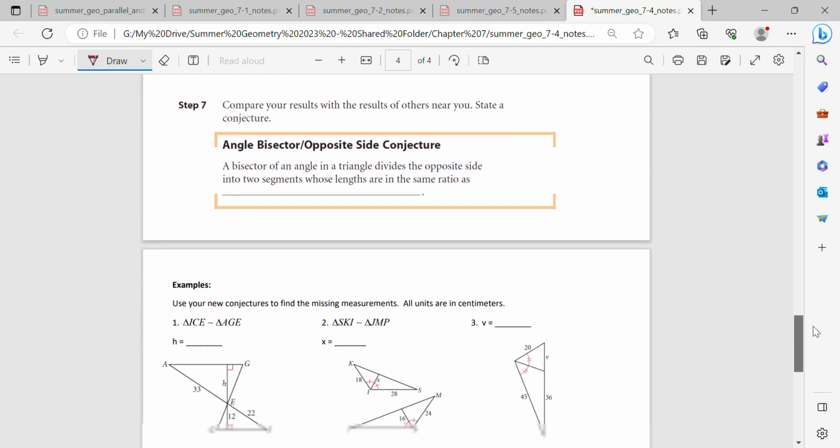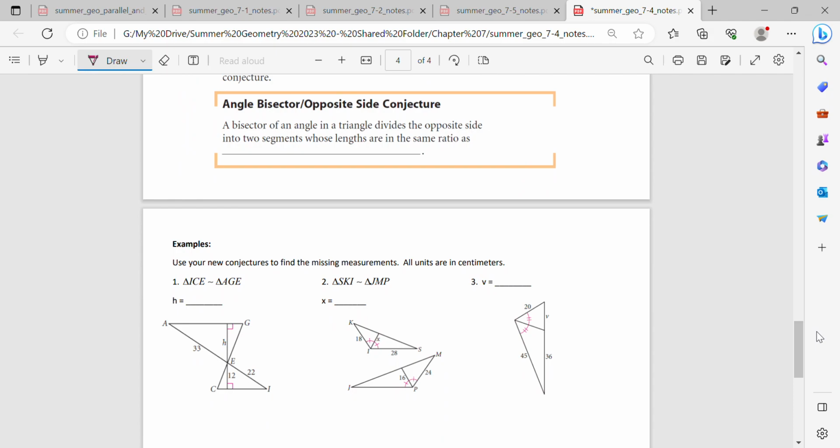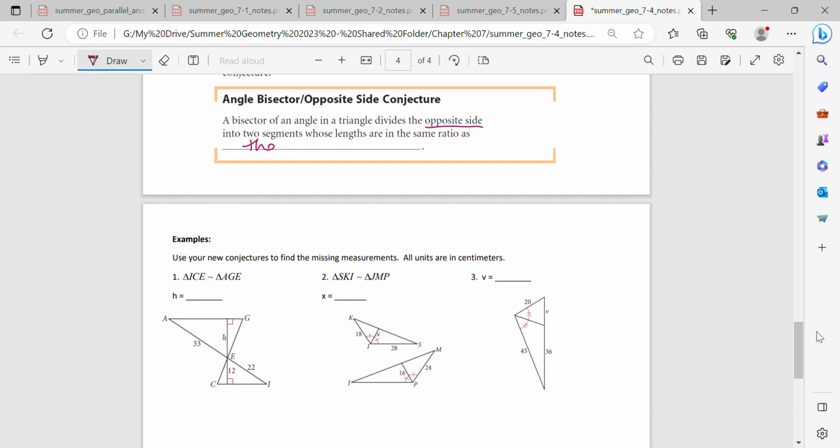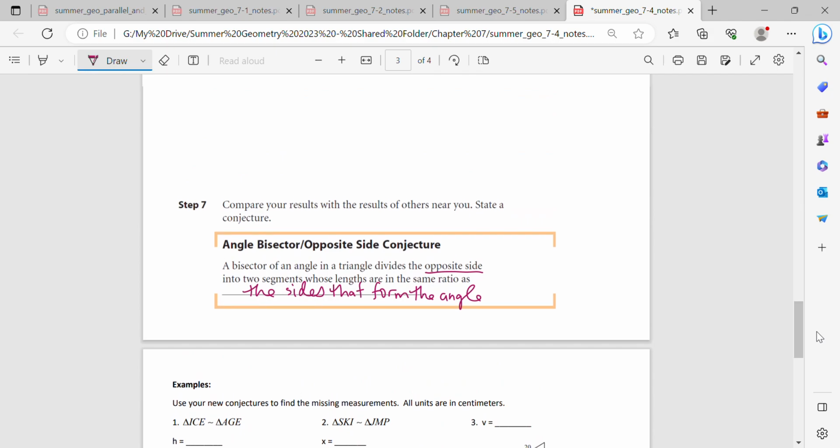The angle bisector opposite side conjecture says, a bisector of an angle in a triangle divides the opposite side into two segments whose lengths are in the same ratio as the sides that form the angle. Okay, let's just break that down one more second. So let's say, again, we have this triangle. This is triangle ABC.